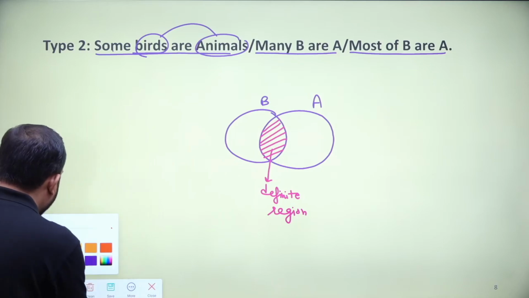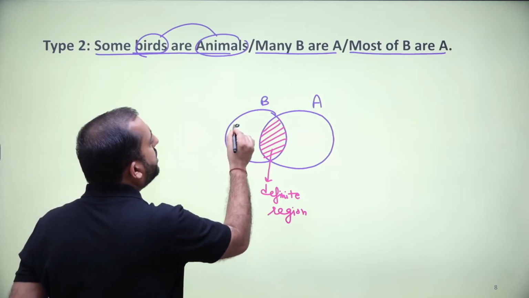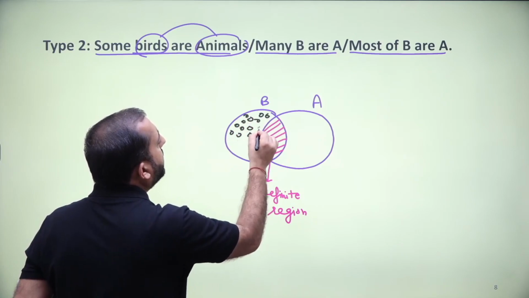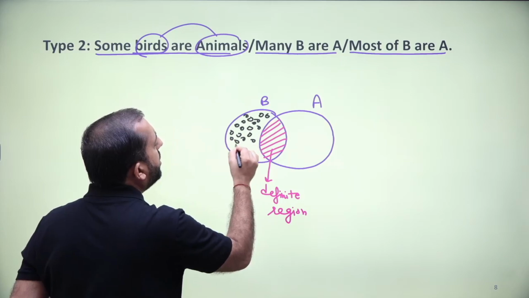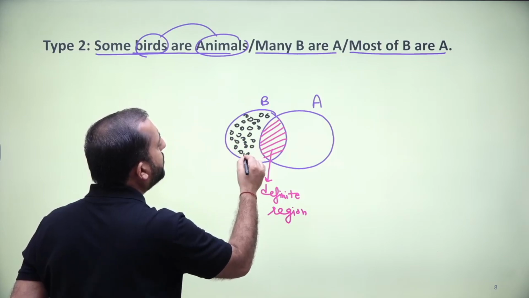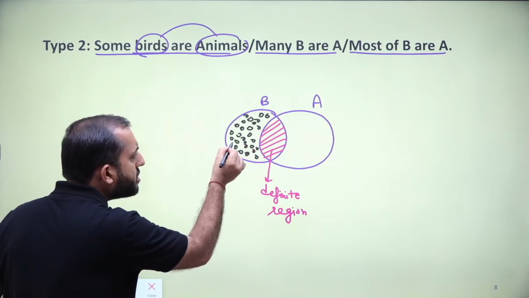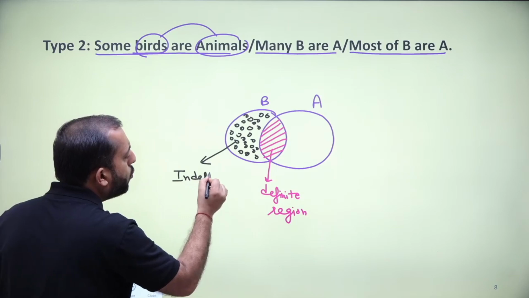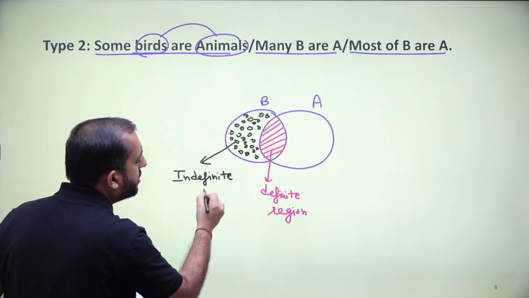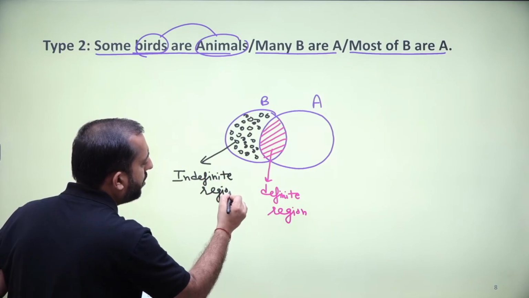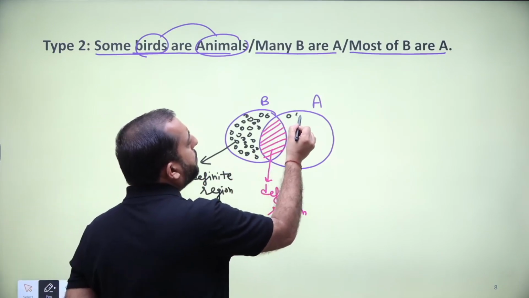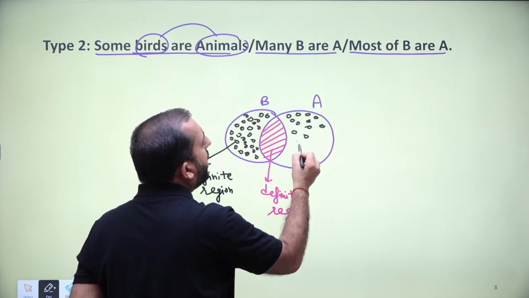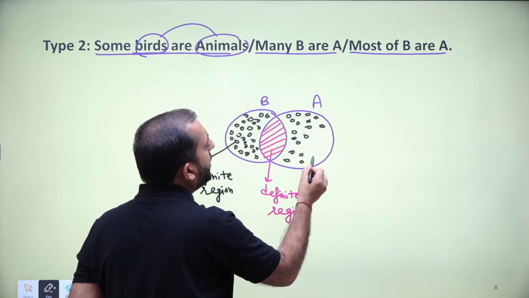What about the remaining birds? No information is provided regarding these remaining birds in the statement. That is why this remaining part of bird will be called the indefinite region. Similarly, no information is given regarding the remaining part of animal.